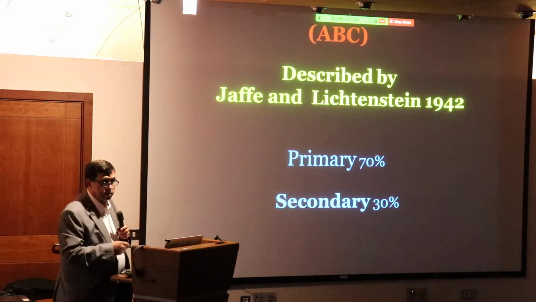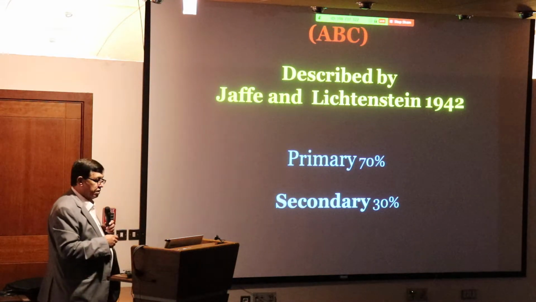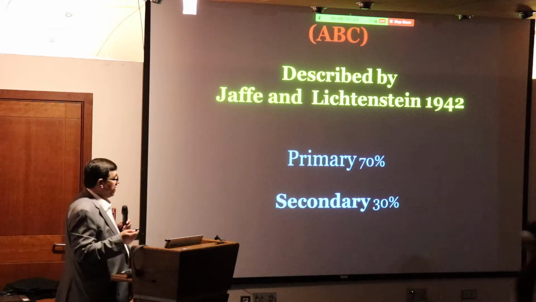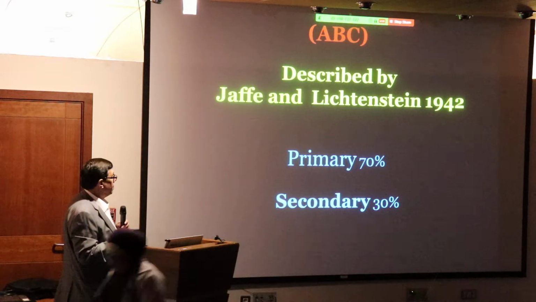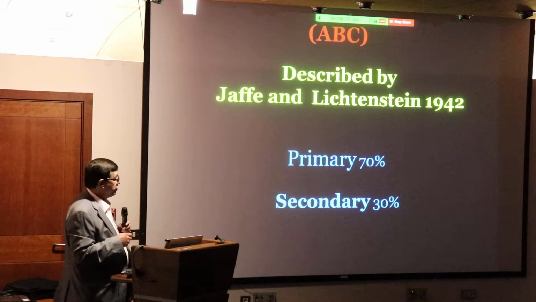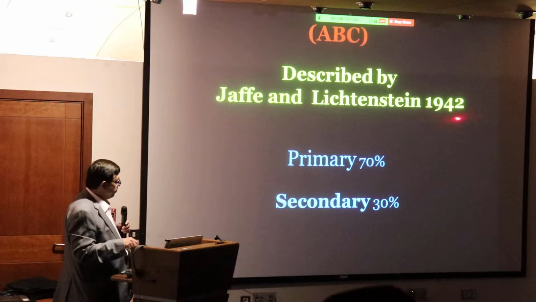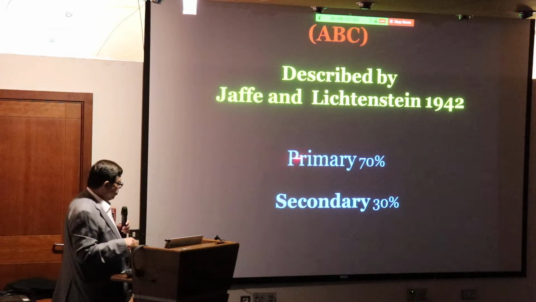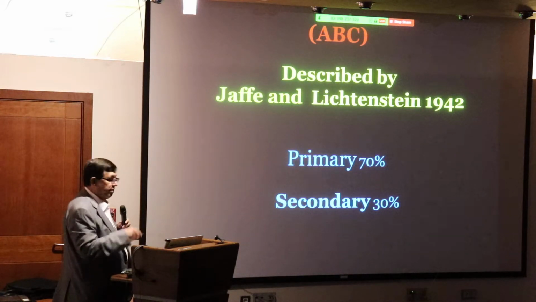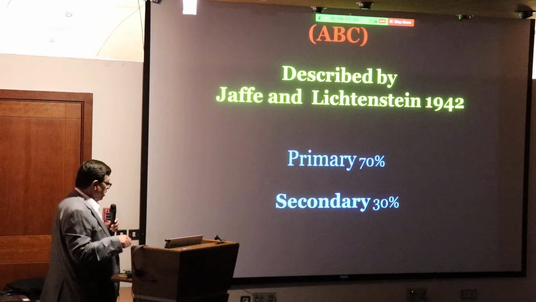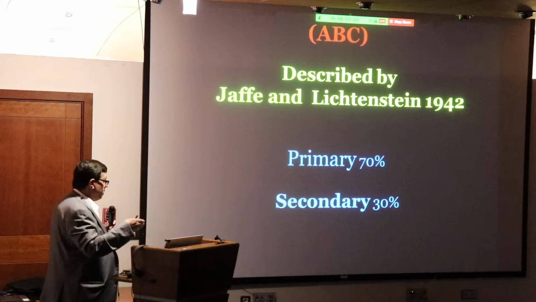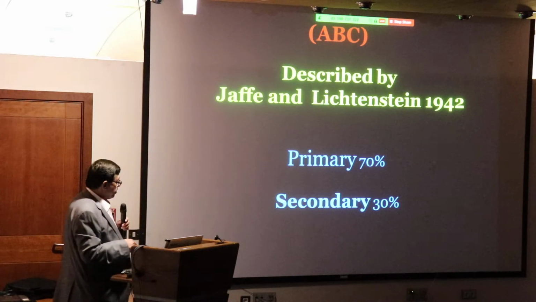We are talking about aneurysmal bone cyst, so we're not going to hide the diagnosis. It is better to know the aneurysmal bone cyst before we go into the imaging. First described by Lichtenstein and Jaffe in 1942, they classified it into primary or secondary. Primary, where there was no pathology before. Secondary, where there is a pathology and then the aneurysmal bone cyst develops on top.